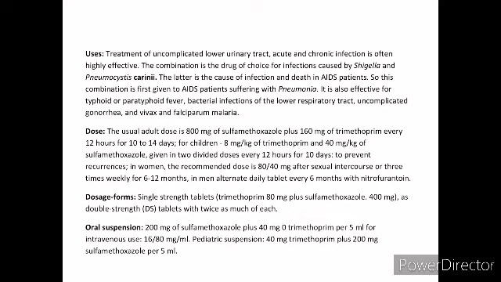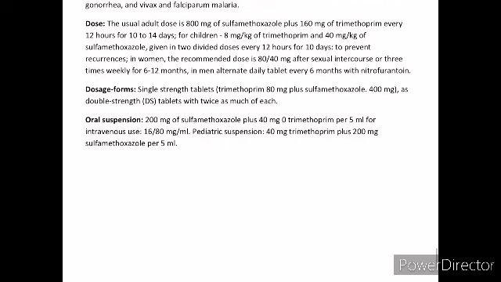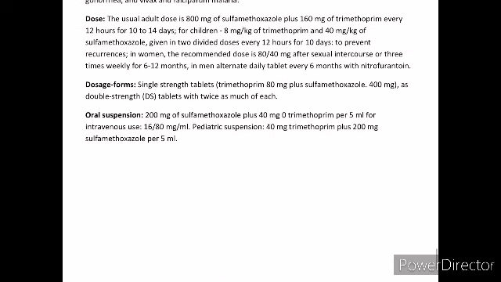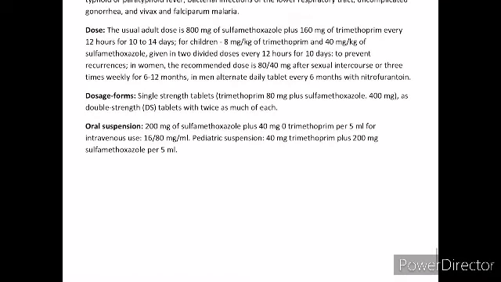The dosage: single strength trimethoprim 80 plus sulfamethoxazole 400. That means 1 of trimethoprim and 5 of sulfamethoxazole, so that is how it is a 1:5 combination. And then you have oral suspension, 200 milligram of sulfamethoxazole. Pediatric suspension 40 plus 200 milligrams.